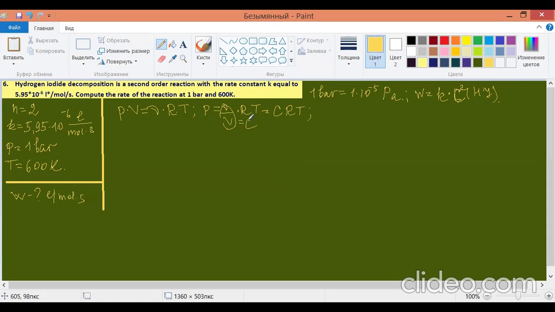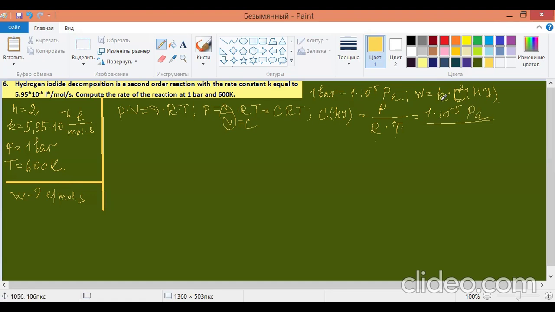Now, let's proceed to the calculations themselves. We can write from this equation that the concentration of hydrogen iodide is equal to the pressure divided by the gas constant R and the temperature. Yeah. Okay, we've got the temperature. We know how much R is, and we've got the pressure. It is 1 bar, but let's substitute 1 bar with pascals. It's more convenient for me personally.